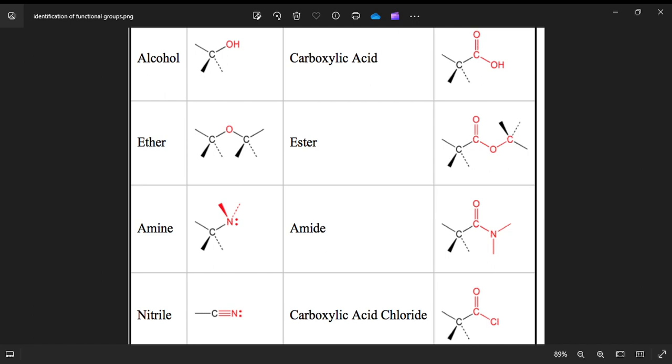Now, when you are given substances and you are asked to test, it's as simple as this: the substance I'm given, if it dissolves in NaOH and refuses to dissolve in NaHCO3, I'm suspecting phenol. But if it dissolves in both, then you can suspect carboxylic acid.